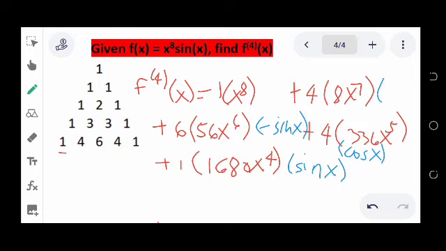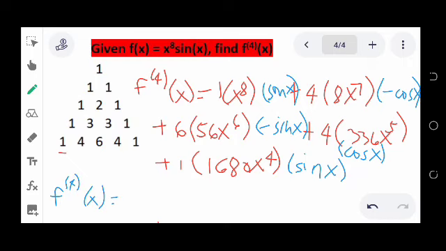Derivative of negative sine x is, of course, negative cosine x. And then derivative of negative cosine x is, of course, sine x. So it's now complete. You now have the fourth derivative of x.